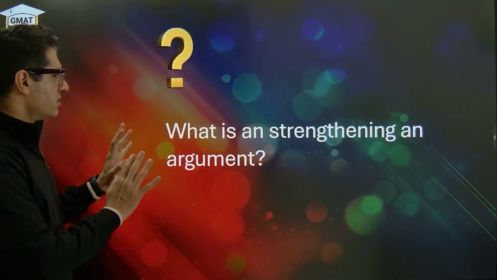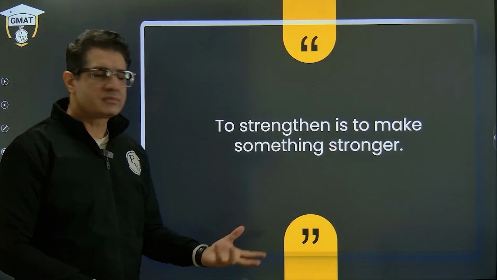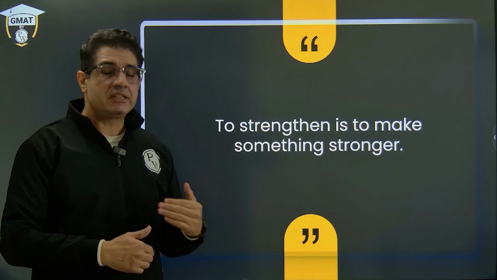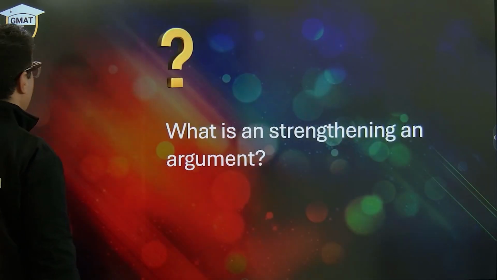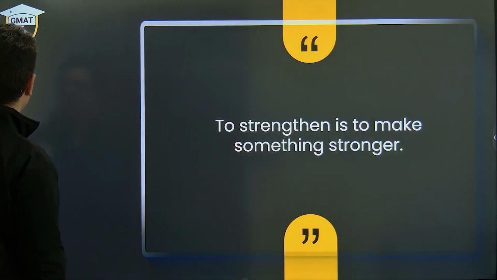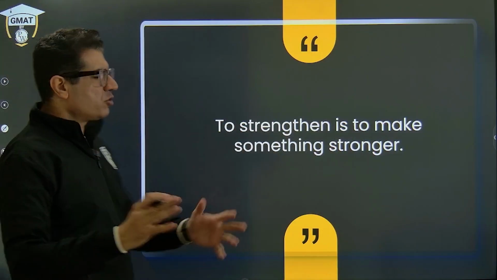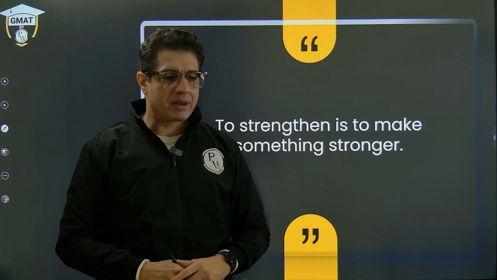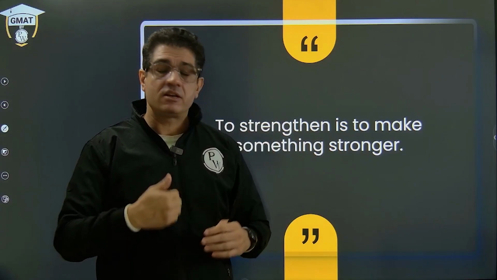So you know that strengthening essentially means supporting, right? So it basically means making something stronger. So when it comes to an argument, how do we make it stronger? We know that typically an argument has a conclusion along with some premises. If you want to strengthen an argument further, you can bring in a new premise.